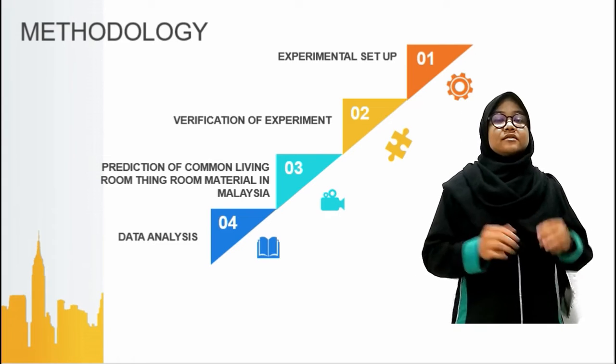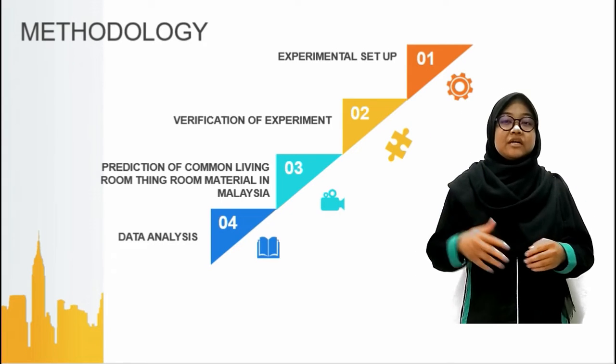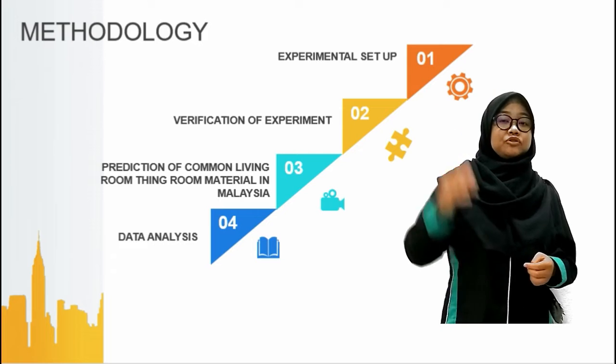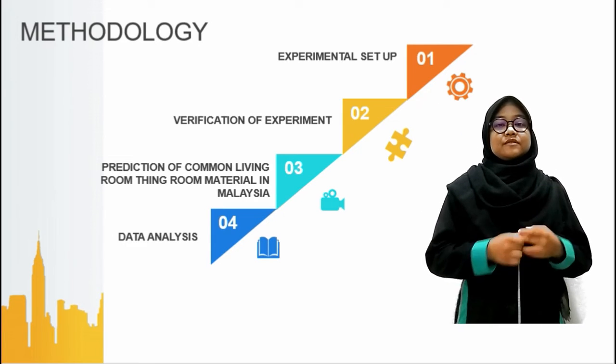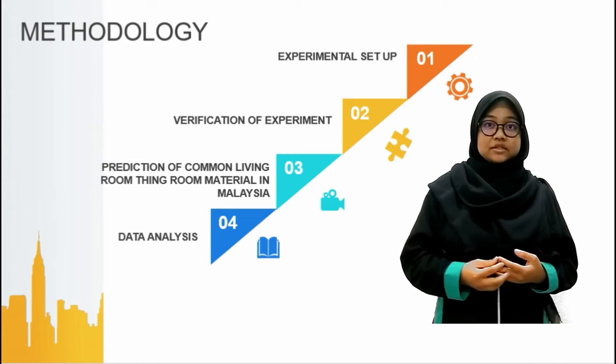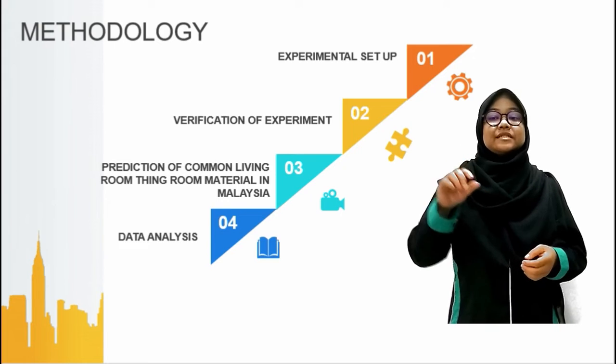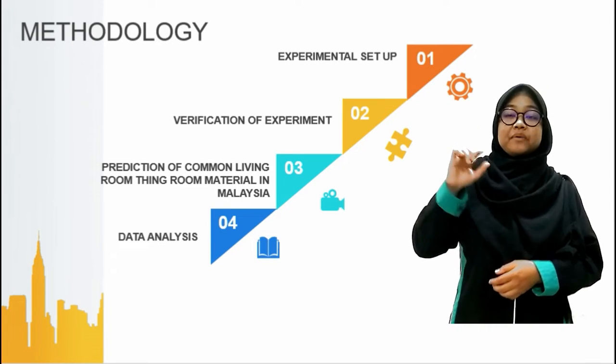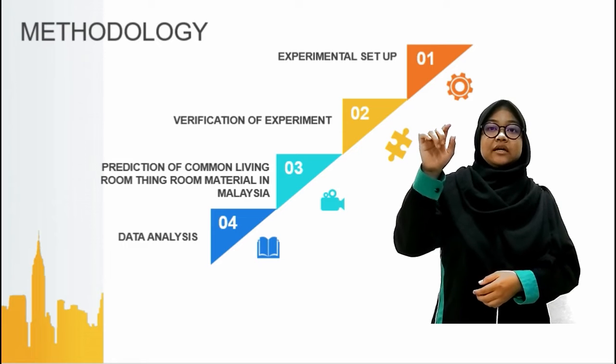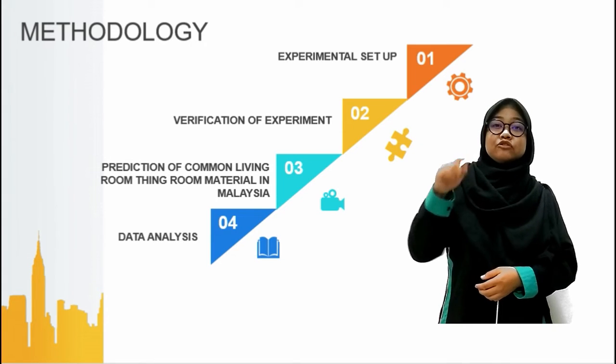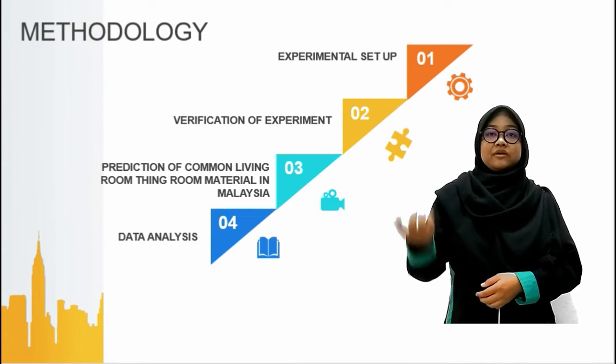It is conducted under the chimney chamber so that the smoke will go up the chamber, and a candle is used as the initial source. It will burn the sample above the fire so that the time taken for the fire to burn the sample can be recorded.